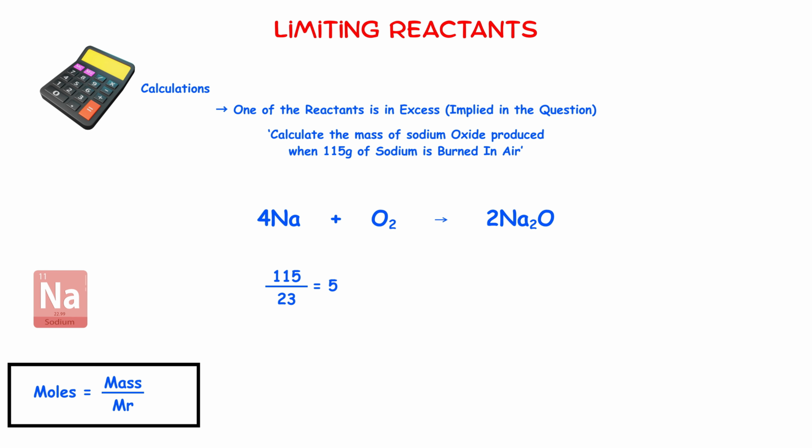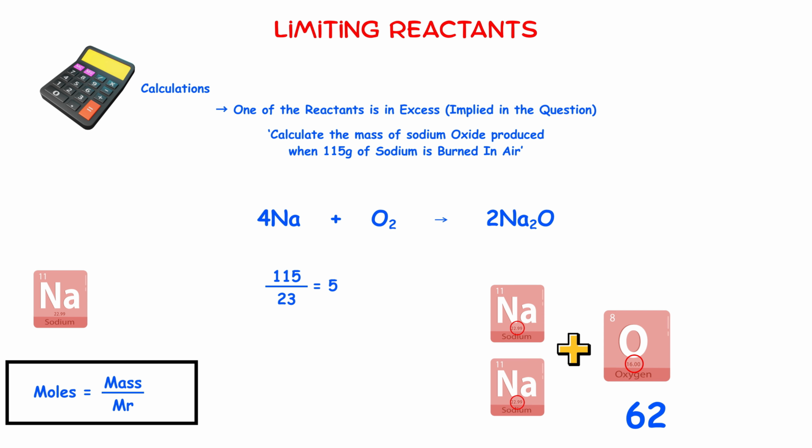In order to do that, we first need to work out the number of moles of sodium that we started with. To do this, we use the well-known formula that moles equals mass divided by Mr, the relative atomic mass. So we take the mass of sodium, which is 115 grams, and divide it by its relative atomic mass, which is 23. This gives us 5 moles of sodium.